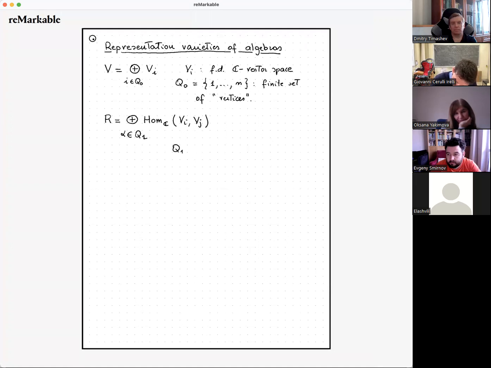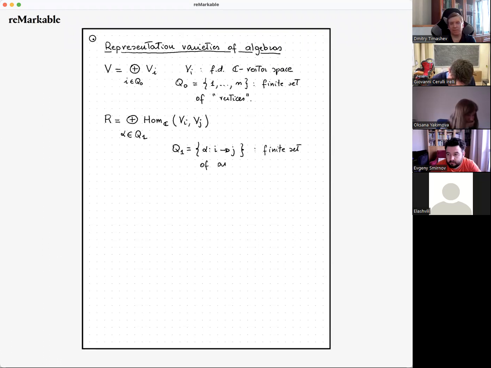Q_1 is the finite set of arrows, and every element of this set encodes two vertices.